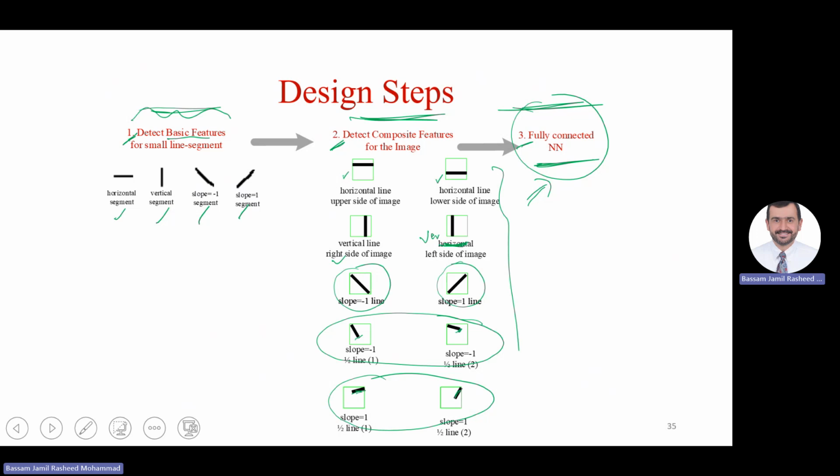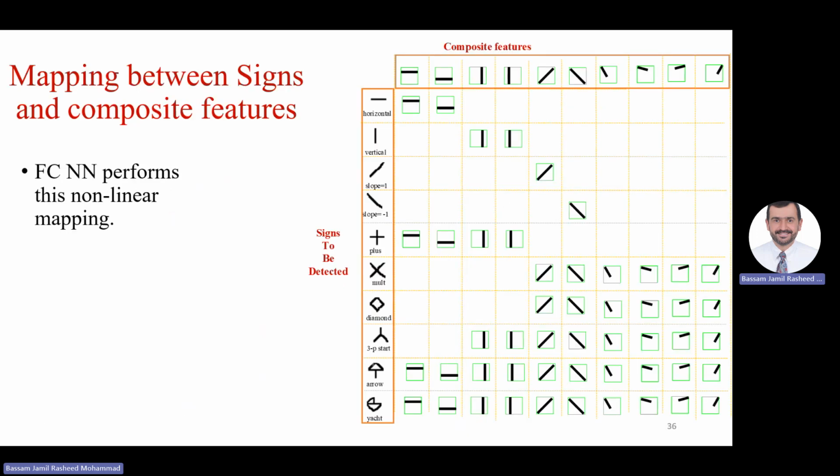Let's see how my neural network works. These are my composite features. Once I'm finished with stage one and stage two, I'm going to identify these features in my image. If my image is a horizontal line, you will see that these two features have large values.